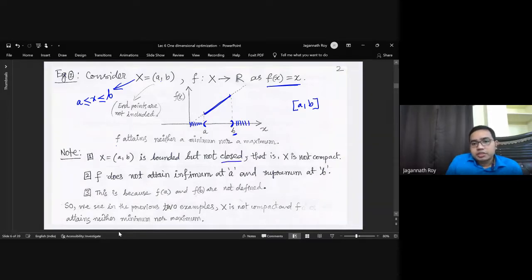So closedness is also important. The set is bounded. Remember, the bounds are actually a and b. The set is bounded, but it is not closed. So boundedness and closedness are very important in order to become compact. Since this is not a compact set, the minimum and maximum do not occur here.